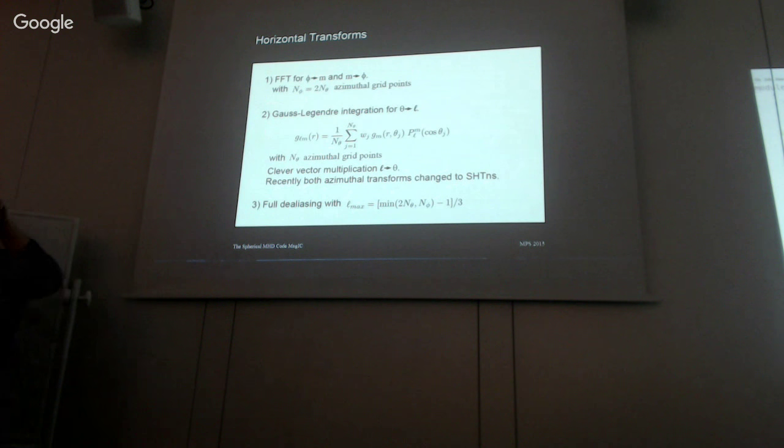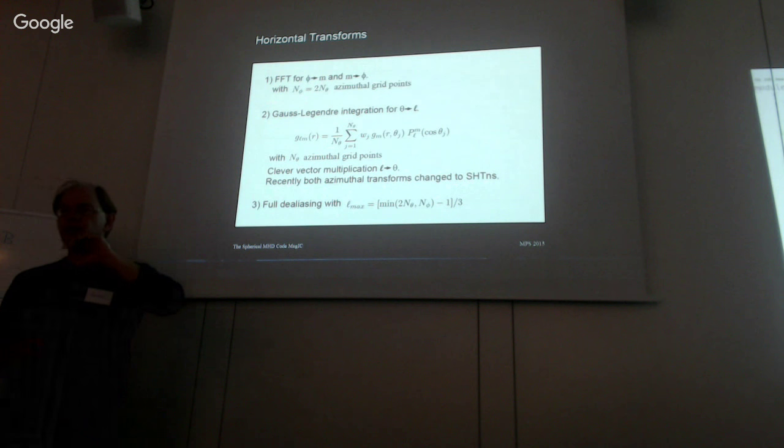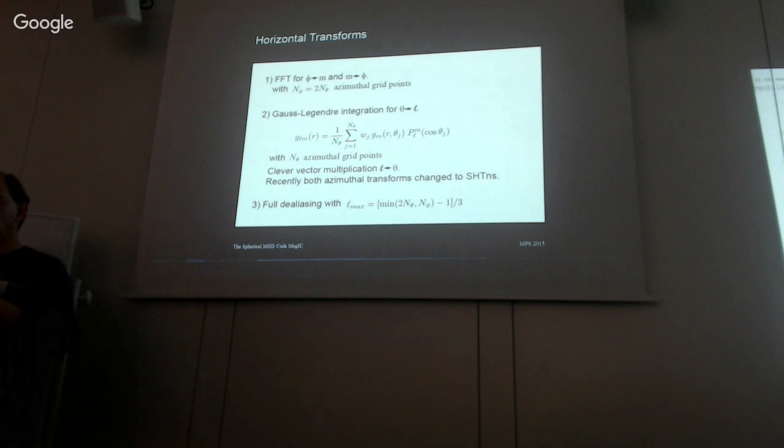That means you choose a number of physical grid points which is larger than the spectral representation. That avoids aliasing effects, which means if your system is under-resolved, so you don't have enough grid points, then you end up with artificial energy in the highest spherical harmonics of your system.